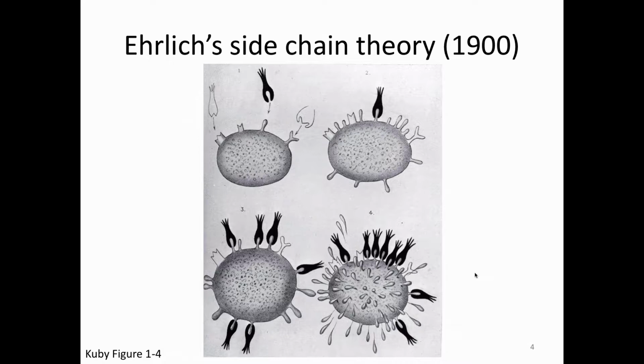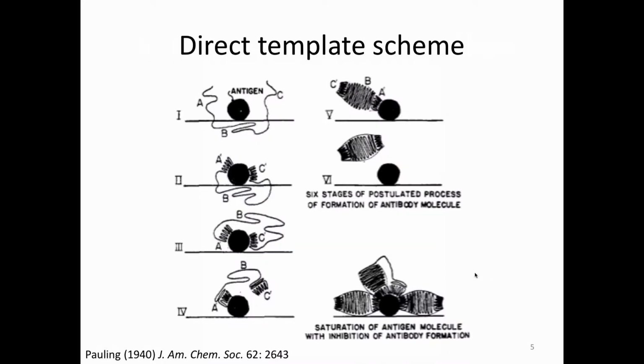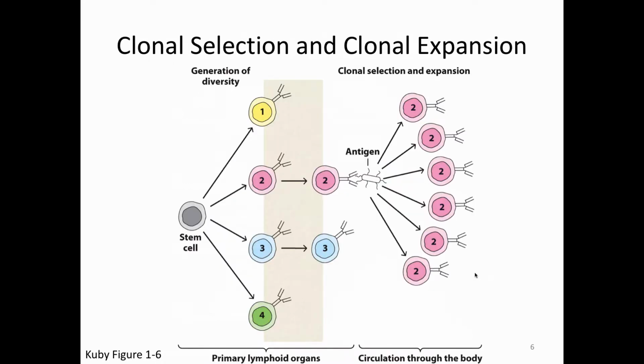If we want them to be able to transmit to future generations of cells, then we need them to be happening with DNA. And in fact, I've already shown you the clonal selection theory, and I will show you the clonal selection theory again a little bit later today.